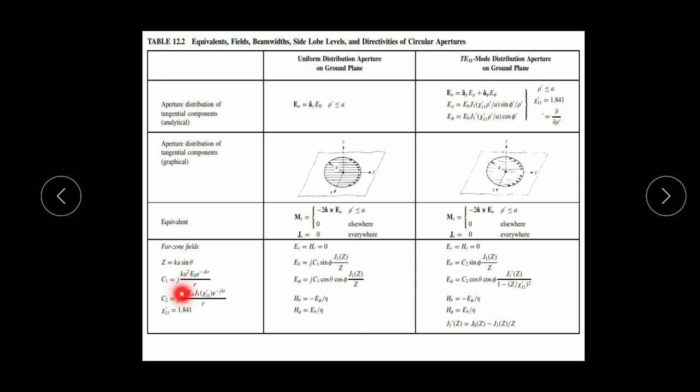We take Z equal to k a sin theta, and C1 and C2 are the coefficients. Putting in these coefficients, we can calculate the electric field and magnetic field components. This is the field component for the uniform distribution aperture on the ground plane, and this component is for the TE11 mode distribution aperture on the ground plane.